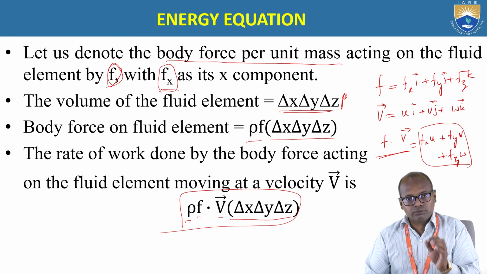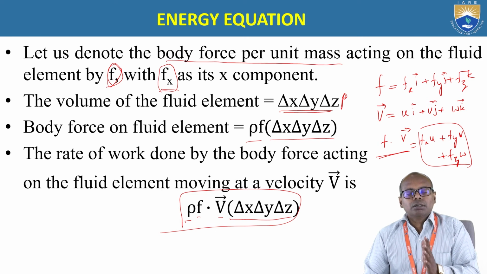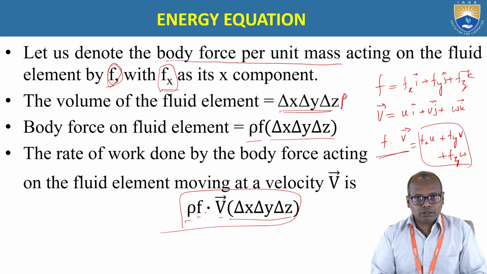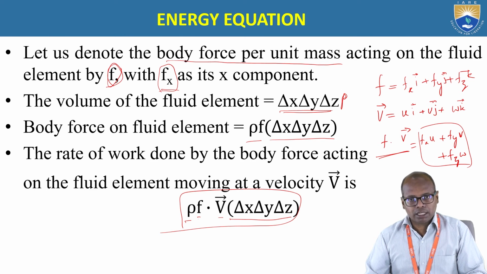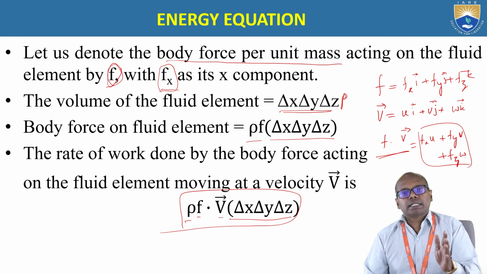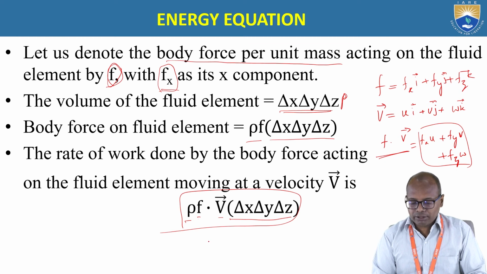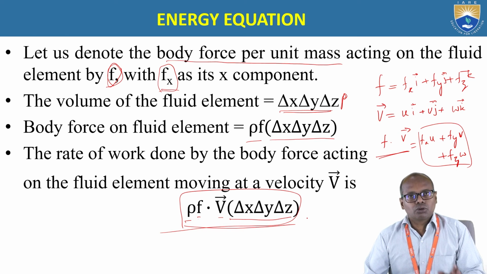It is not only in one direction. Anyhow it is becoming a scalar product because we are taking a dot product here, so it is a scalar component. So the net work done by the body forces in three directions is given by this equation. So the work done by the body forces we obtained.